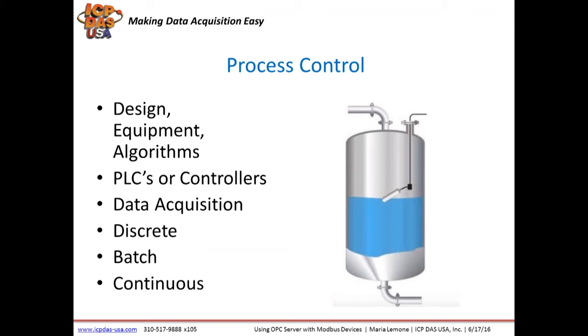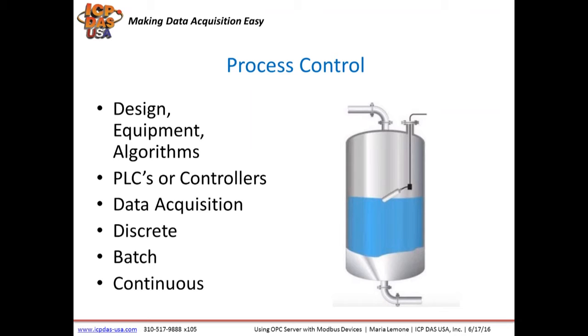Process control deals with system design, equipment, and algorithms. It helps to maintain outputs based on conditions. Applications like controlling the temperature of a stream of water by controlling the amount of steam added to a heat exchanger, which will heat up the water accordingly, is an example of a discrete type process control.